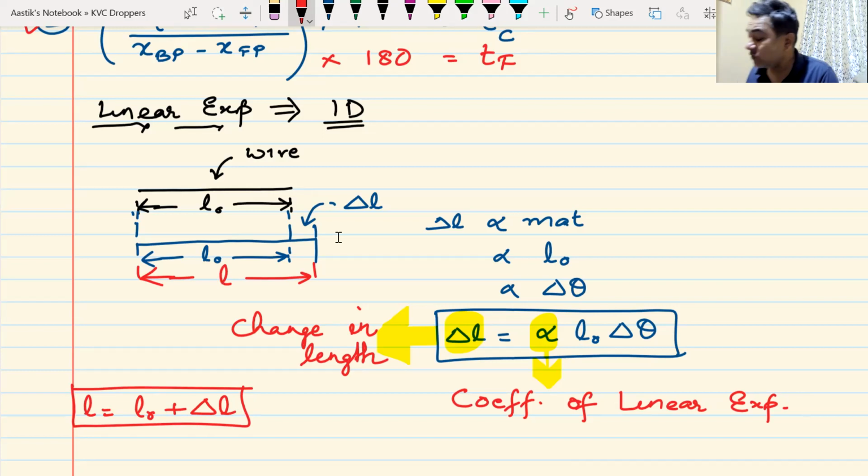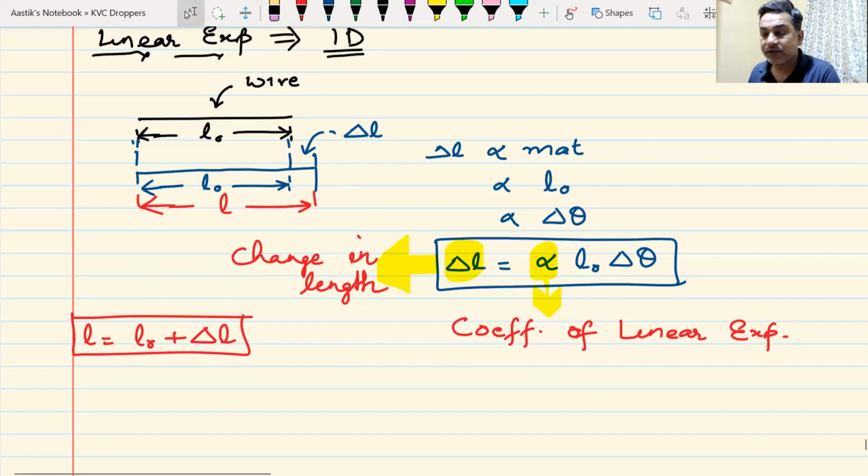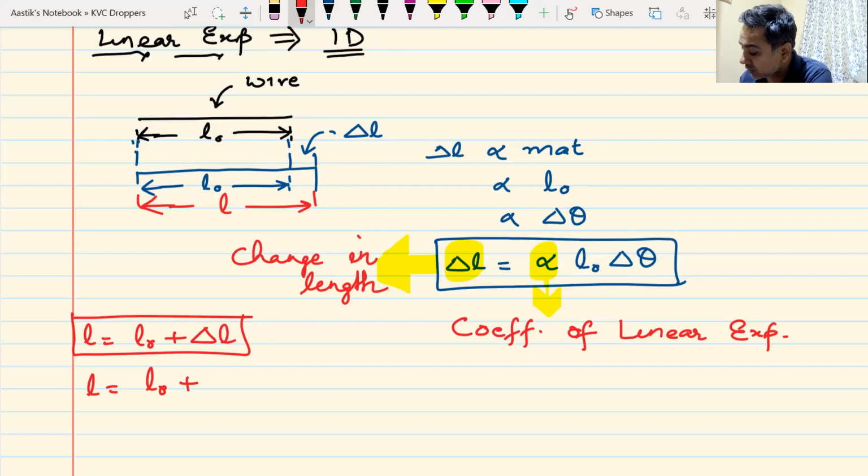Okay. Now, how do I get the value of this L? I just put the value of delta L. So L becomes L naught plus alpha L naught delta theta.